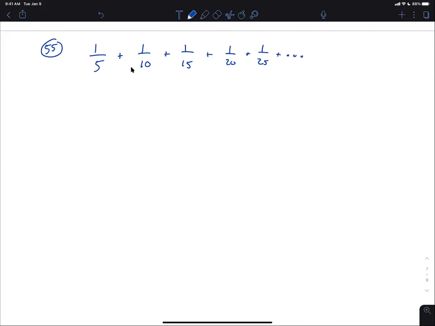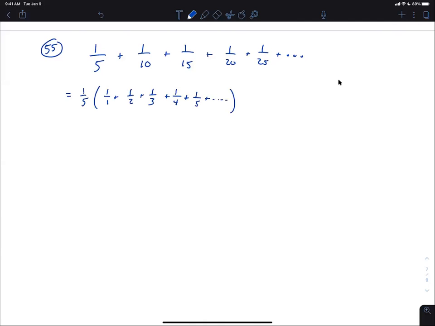Well, the bottom keeps increasing by 5. There are a couple ways to write it, but it's multiples of 5.